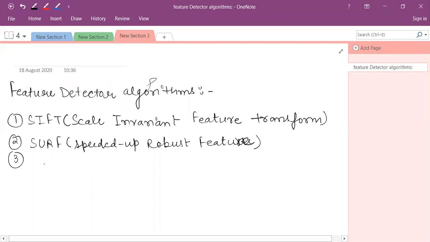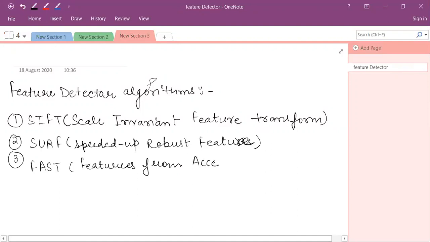And the last one is called FAST. The full form is features from accelerated segment test.